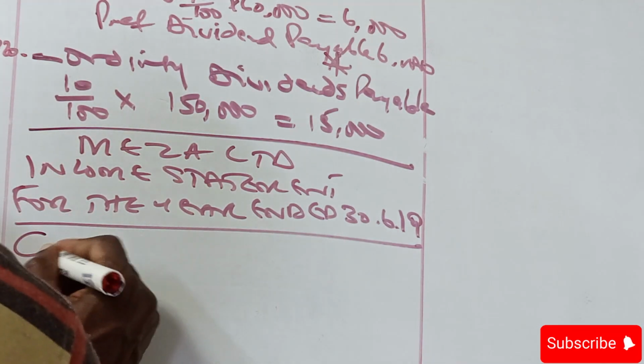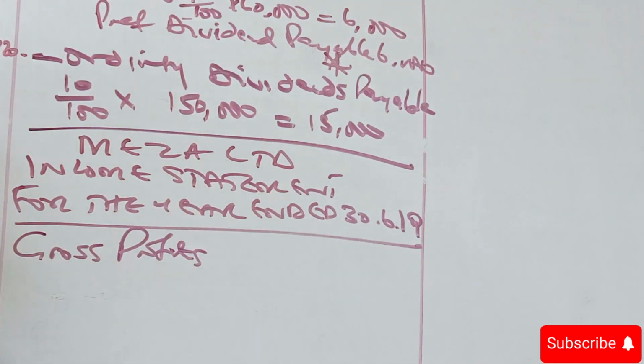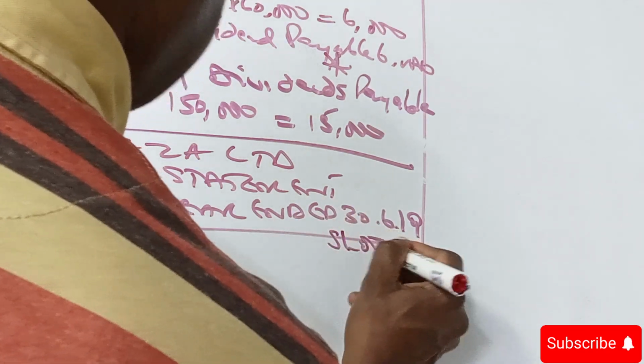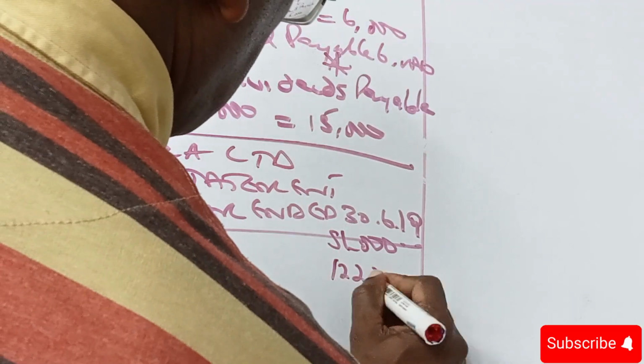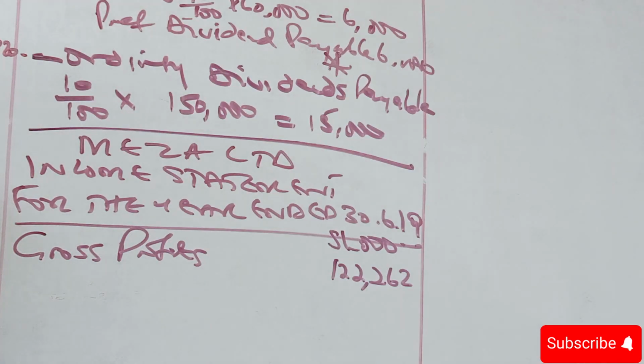Now, we start where we have been given the information to start. So we start with our gross profit. Always remember the format. Shillings in thousands. 122,262. We ask ourselves, do we have any incomes such as interest income?